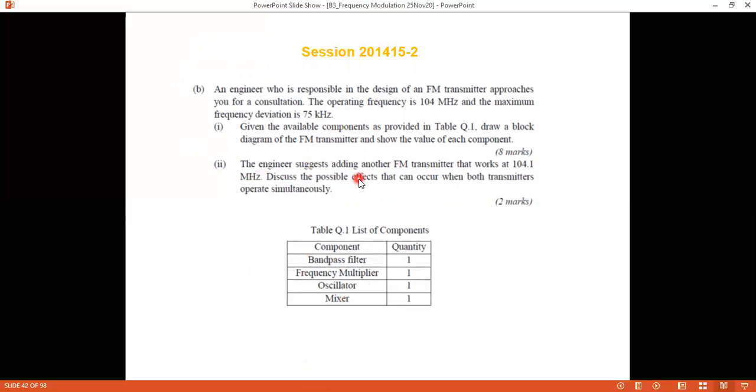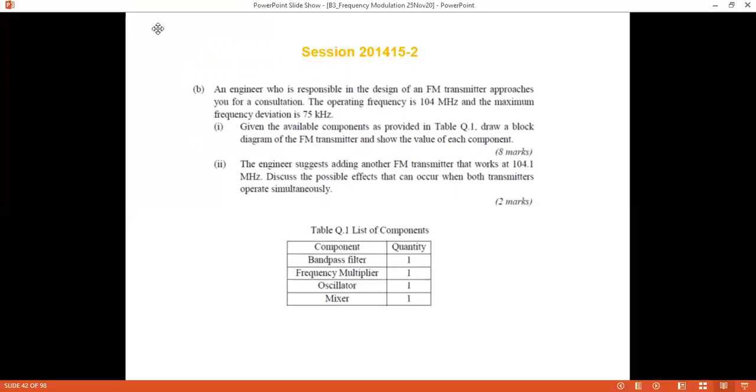The engineer suggests adding another FM transmitter that works at 104.1 megahertz. Discuss the possible effects that can occur when both transmitters operate simultaneously. We know that our frequency deviation is 75 kilohertz, so delta F is 75.